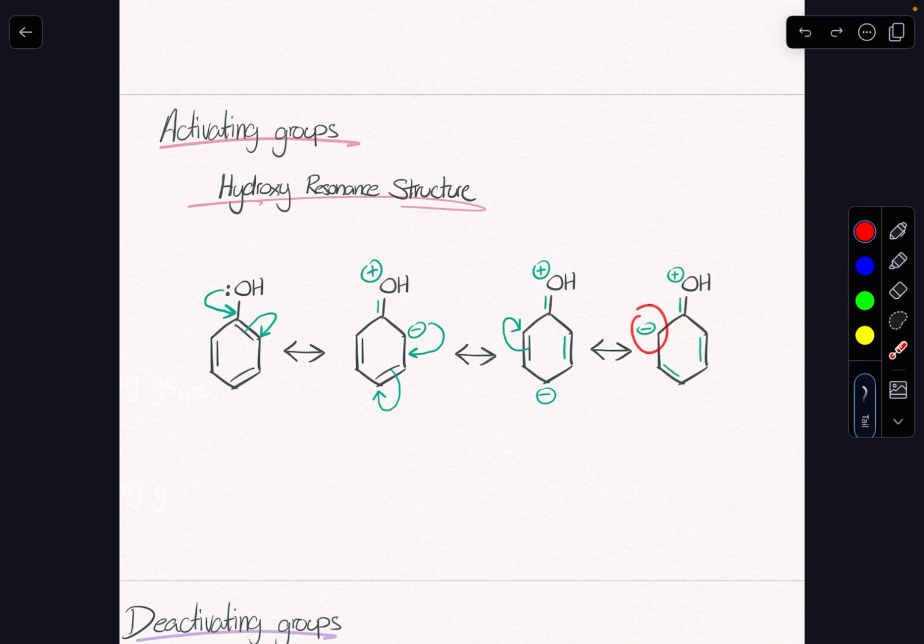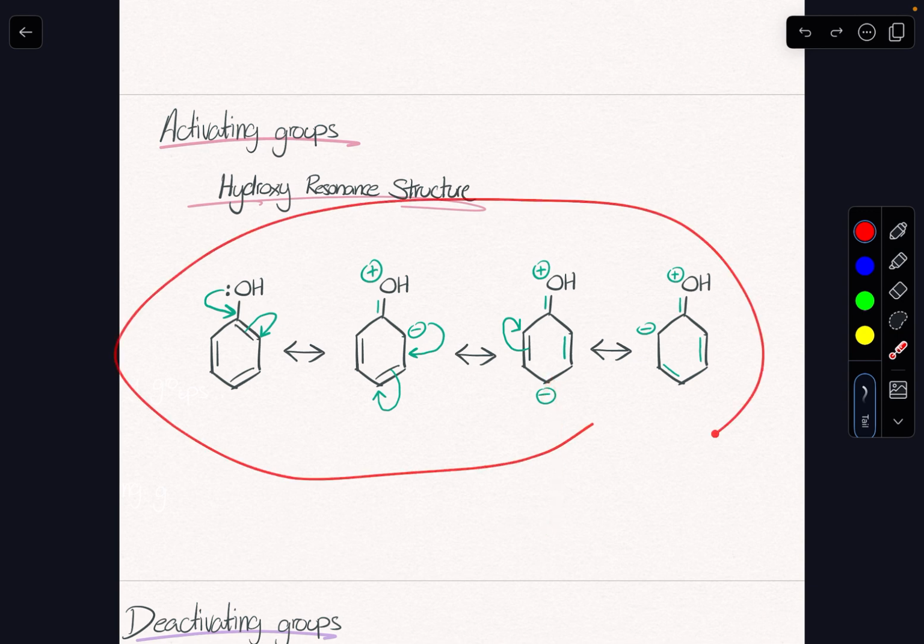If you remember this one, this is still position number 2, just flipped. And it rotates in that fashion. So this is ortho, ortho, para. And that is why they're directed to those points. So when I have an electrophile, which is positive, it's going to attack at this position. If it does it at that point in time, it'll form an ortho. If it does it at this point in time, it'll form a para.